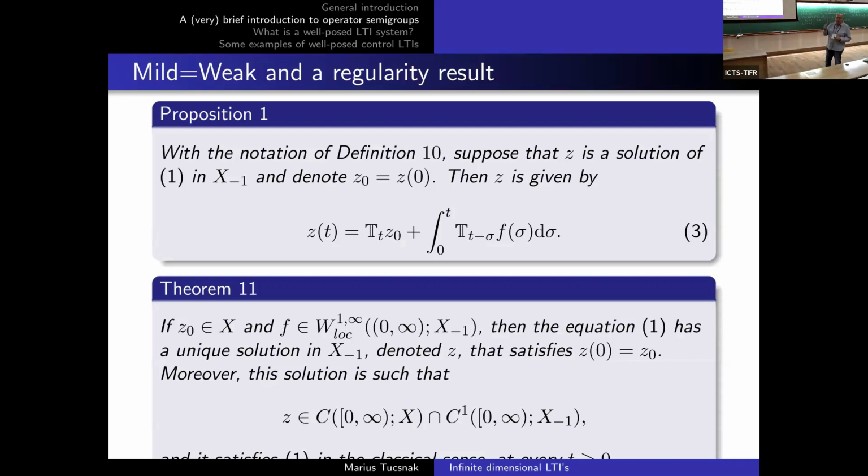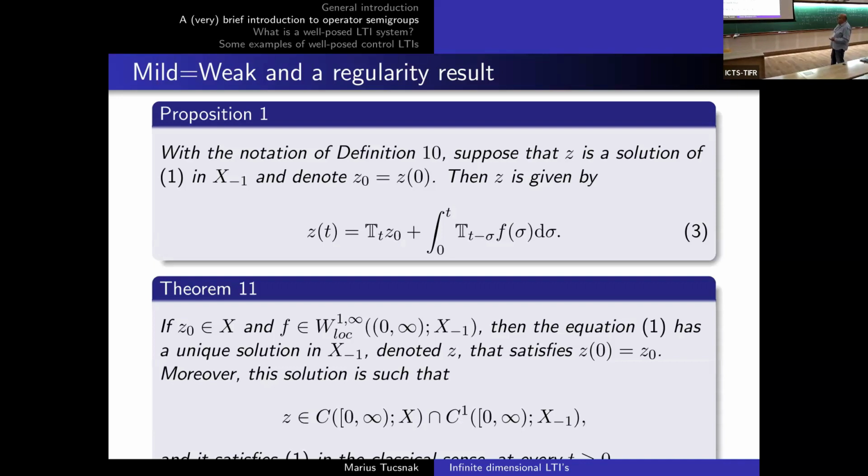The papers which tackled this formula have a lot of quotations, because a solution defined by this formula is called mild. So to say that mild solutions and weak solutions are the same thing seems to be something which came slowly into the spirits, but in fact it's a very simple proof. We have it in the book.